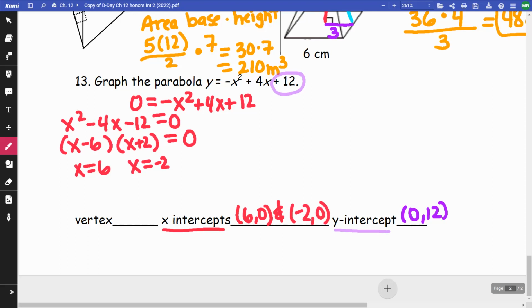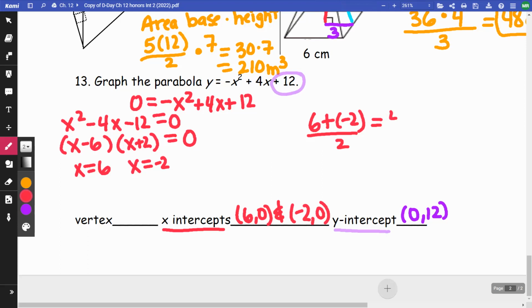Now, if I have these x-intercepts, I can take these x-intercepts and average them, which is going to give me 4 divided by 2, or 2. And so this is going to be 2, something. Now, to figure out the something, I am going to take this and substitute it into the equation.